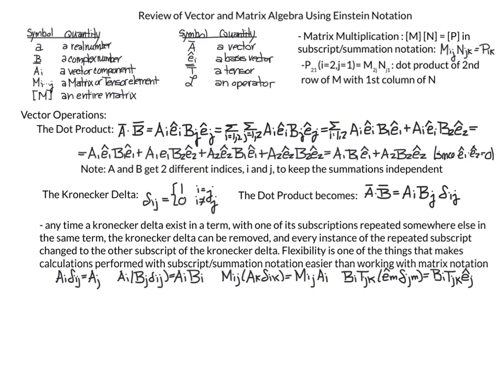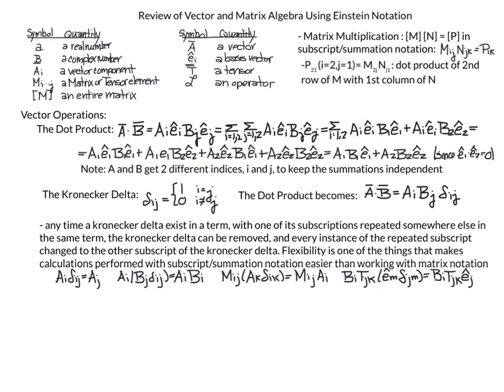Finally, here we have b sub i, t sub jk, e to the m, this is the mth basis vector, delta jm. Here we have the repeated symbol m, so e, our basis vector, becomes e to the j, and everything else remains the same: b sub i, t sub jk, and e to the j. And here we're summing over the jth element. We have this other note.